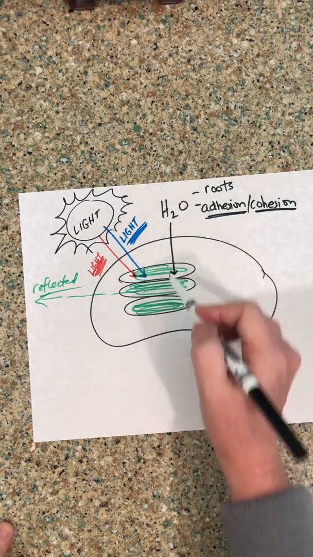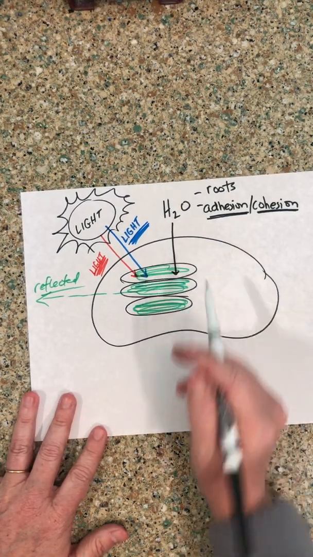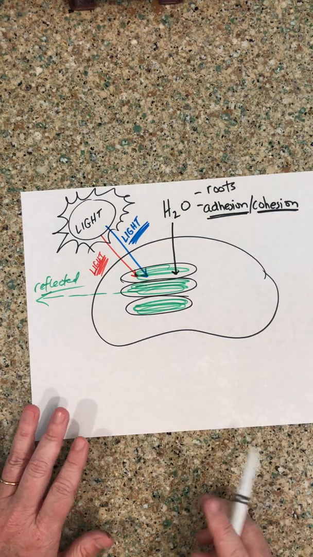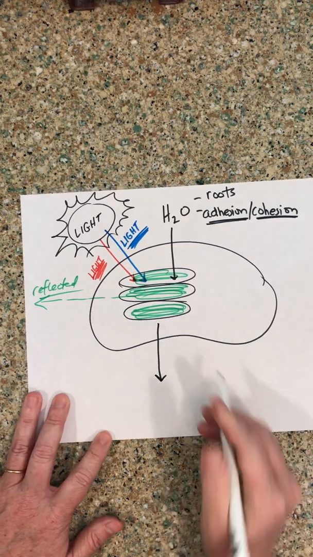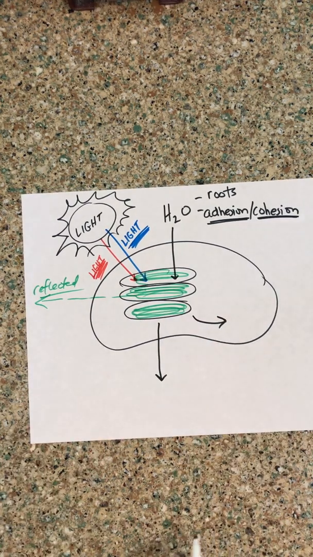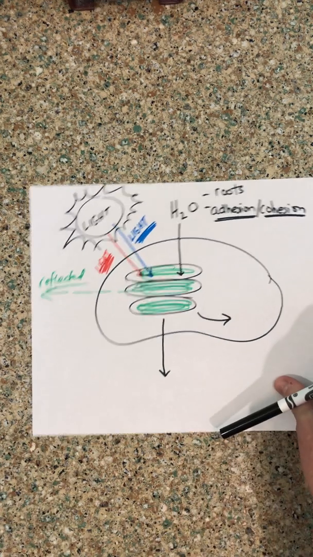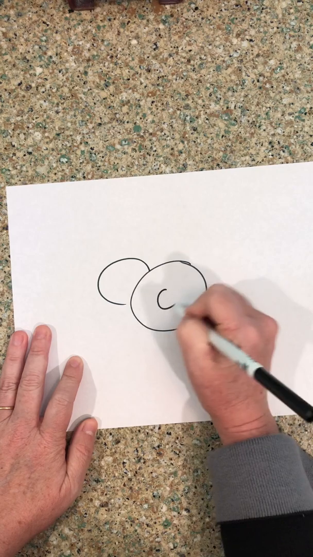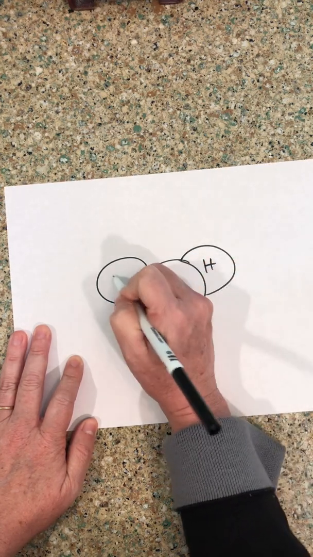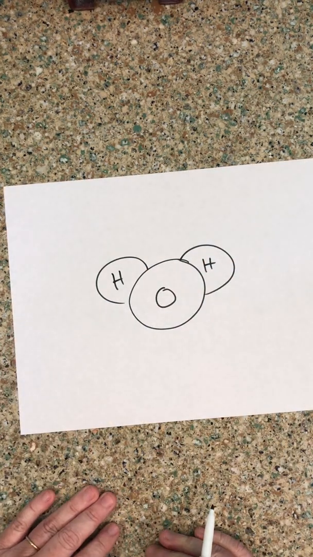So light and water go into this thylakoid, and from going into the thylakoid, they're going to make a product. They're going to make actually two things, okay? So two things are going to happen. When you look at a water molecule, it is one oxygen with two hydrogens combined.